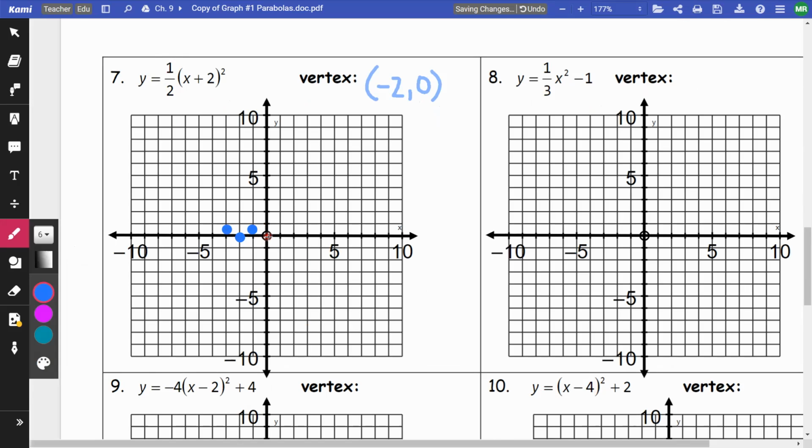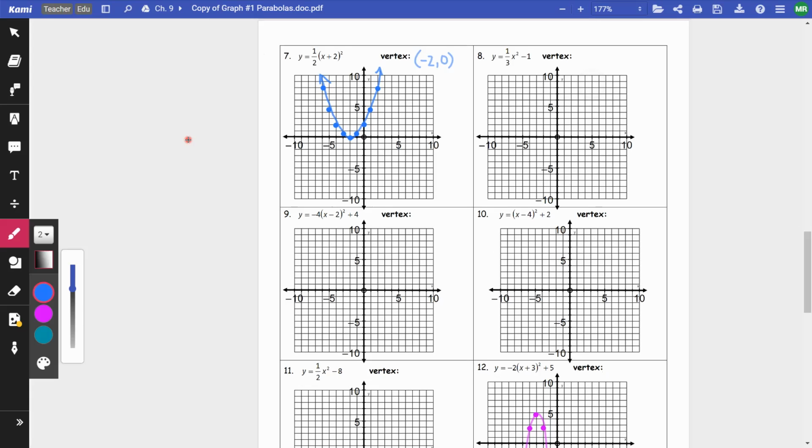I go out 2 squared is 4, times that by a half. I get 2. So everything's half as high. So if I go out 1, 2, 3, 3 squared is 9, I'm going to go half of 9, which is 4.5. And if I went out 1, 2, 3, 4, 4 squared is 16. I take half of 16, which is 8. And then that would be my parabola.